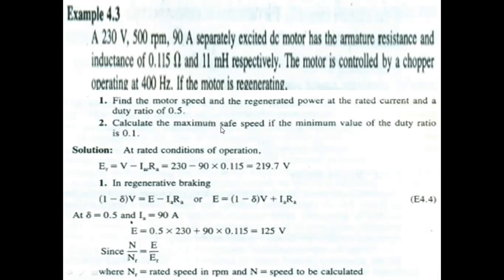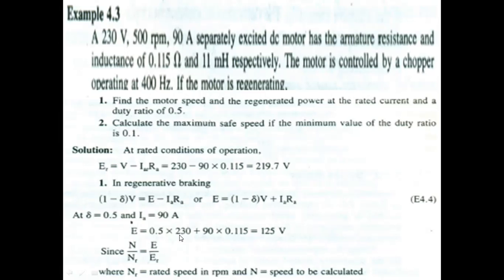So first bit, in the regenerative braking, we have to find the motor speed N and the regenerated power. We take the formula from the previous sections: (1 minus delta) into V is equal to E minus IA RA.